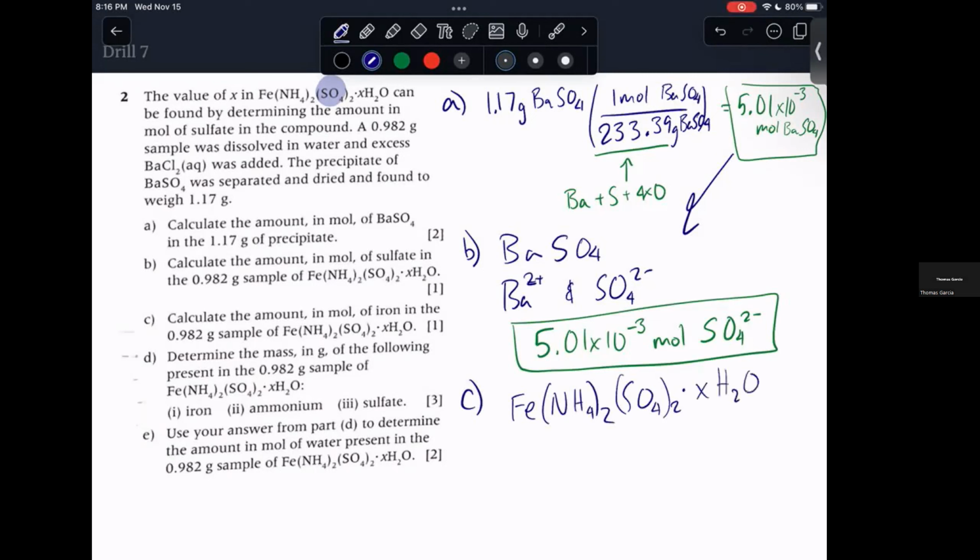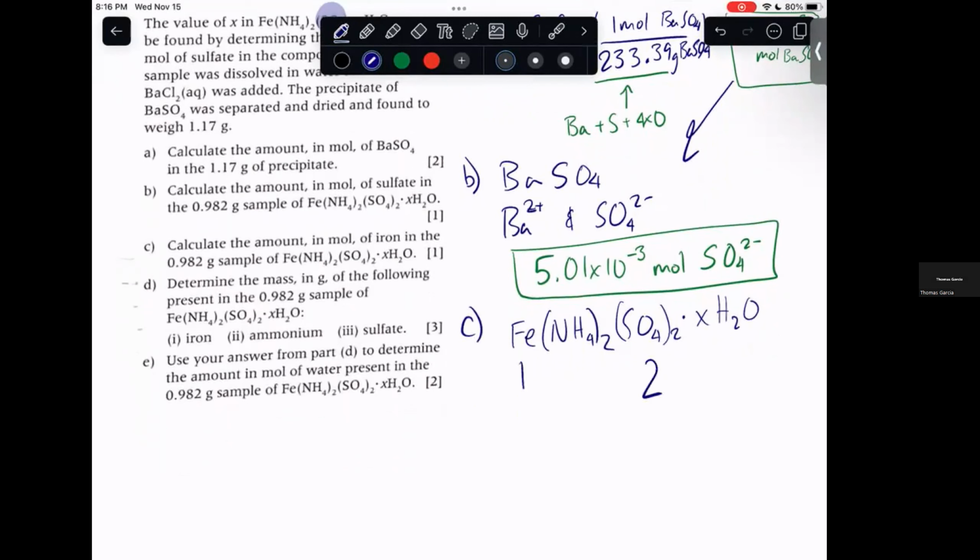So we notice that if we have 2 sulfates to 1 iron, then we can do 5.01 times 10 to the negative third mole of sulfate for every 2 mole of sulfate, we have 1 mole of iron.